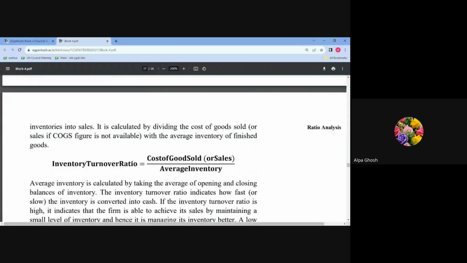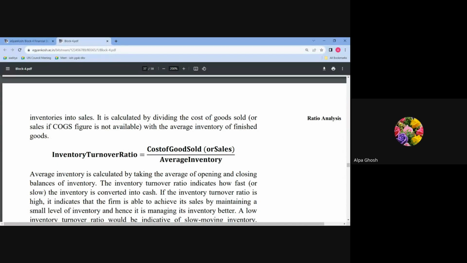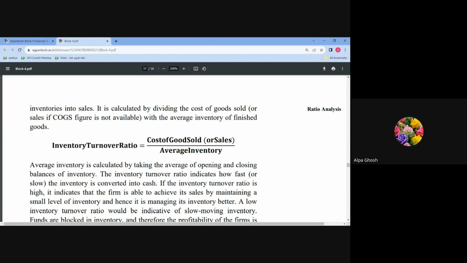So in this, again we take into account COGS of the firm, cost of goods sold, which is also known as sales. The first one in this is inventory turnover ratio. Inventory turnover ratio means that we take into account the opening and closing balances of the inventory, and then find out against the sales what is the average inventory that we are maintaining.